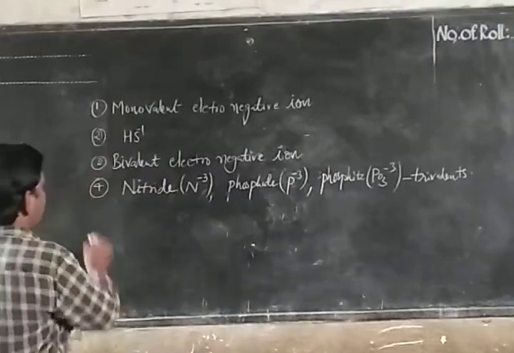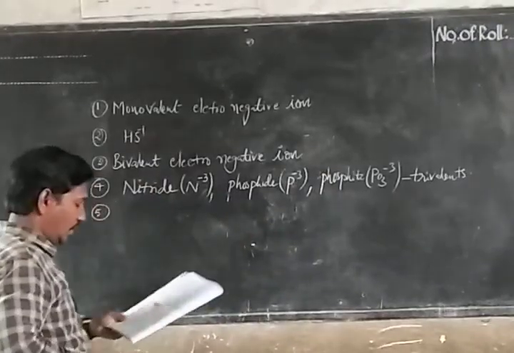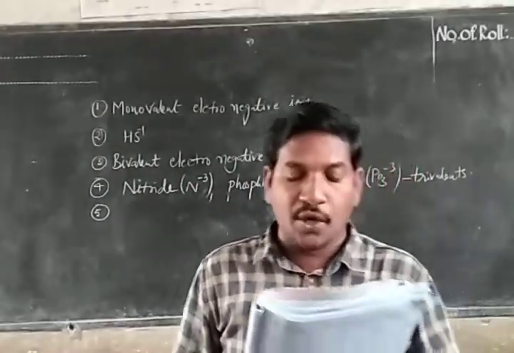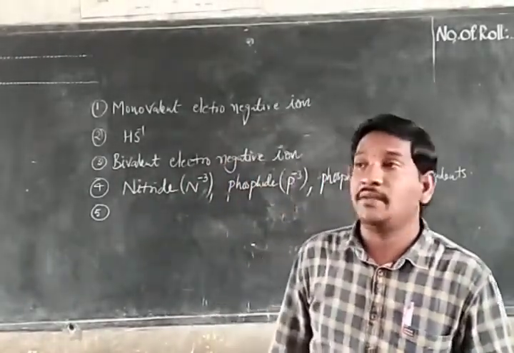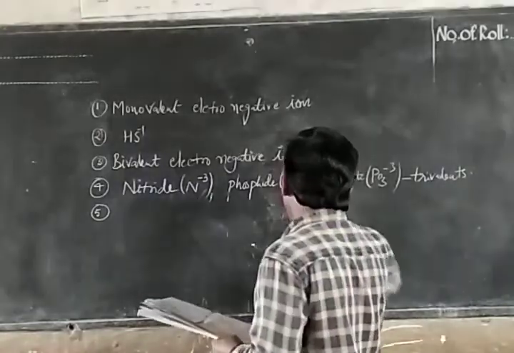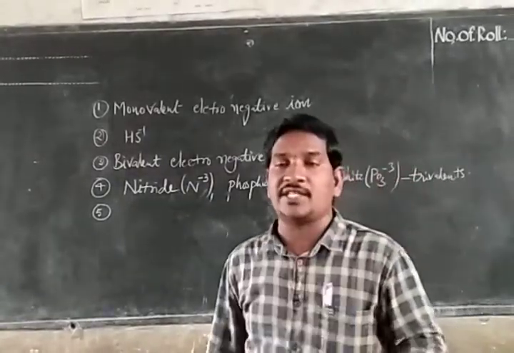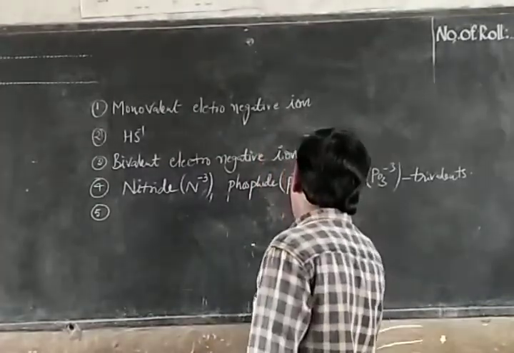And fifth one, the valency of iodide is minus 1. The valency of silicate ion is minus 2. Why?